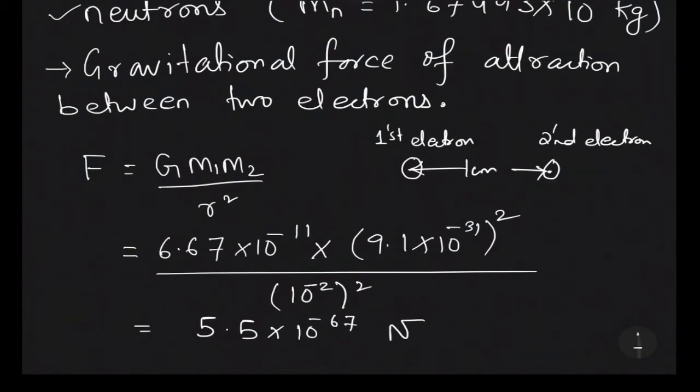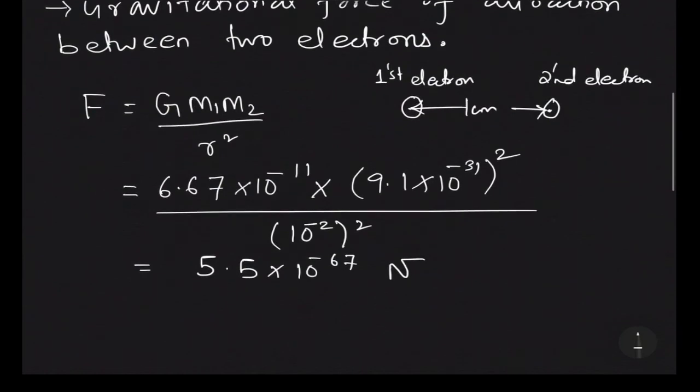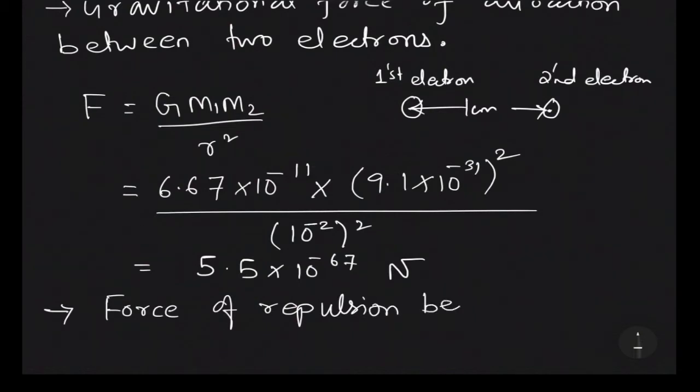Now it was also seen that apart from this force of attraction, there is force of repulsion. I am writing here, there is also force of repulsion between two electrons.